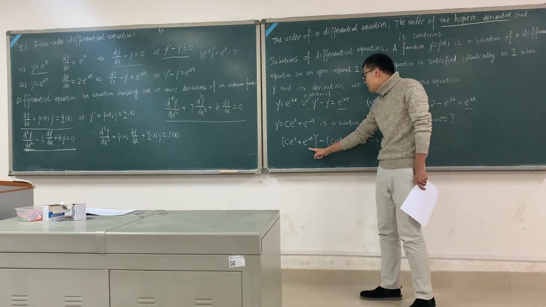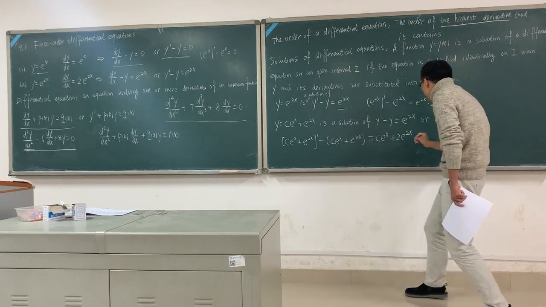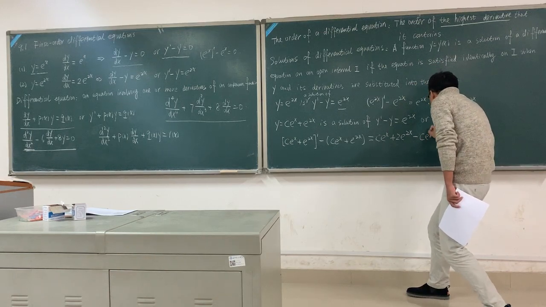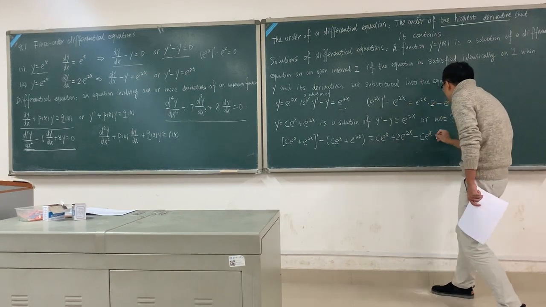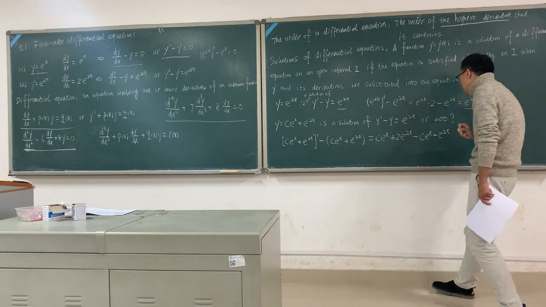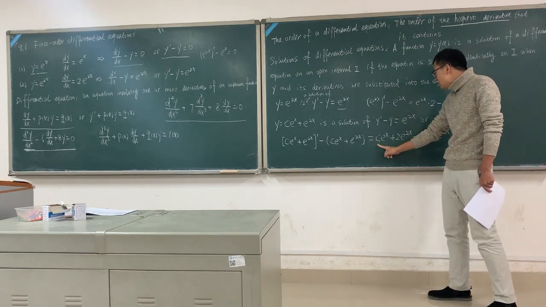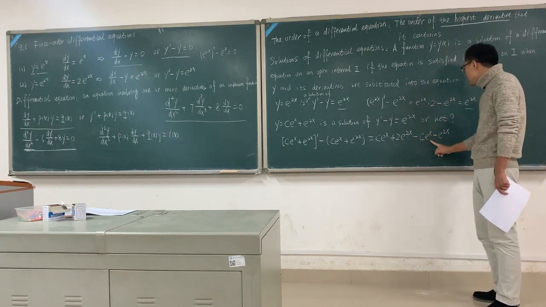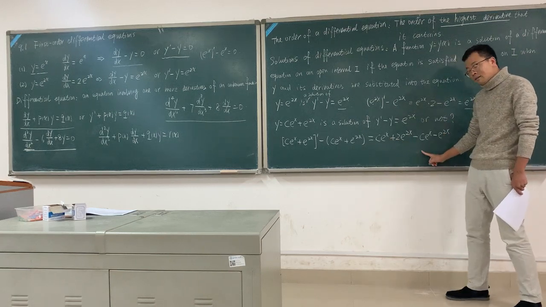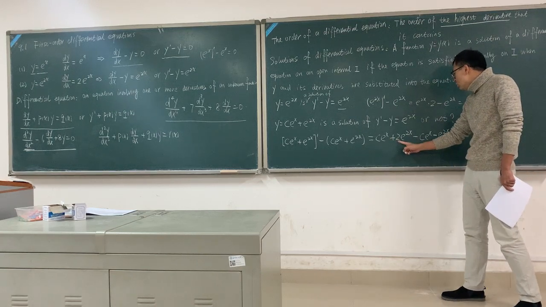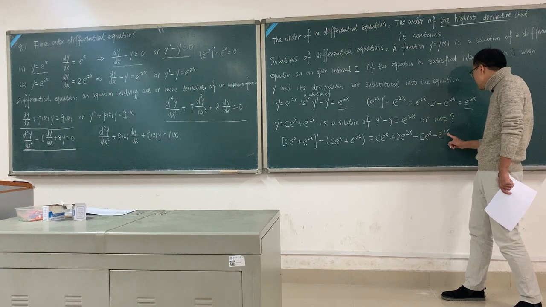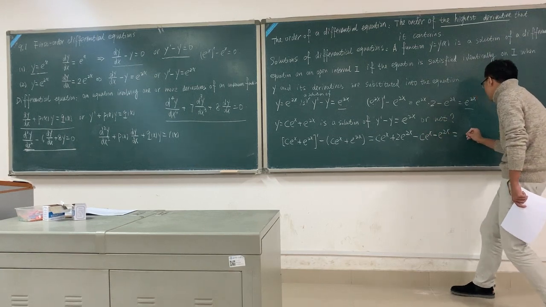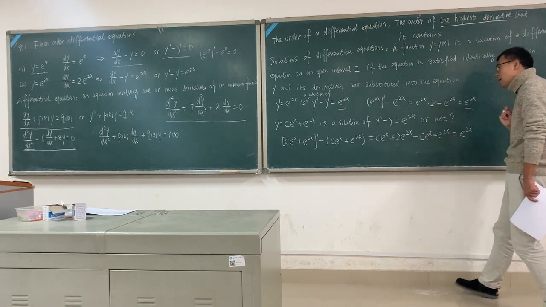So this is the second prime. So minus c e^x and minus e^{2x}. Here we can see c e^x and c e^x, so these two terms cancel, okay? And here is 2e^{2x}, here is 1e^{2x}, so the result is e^{2x}.